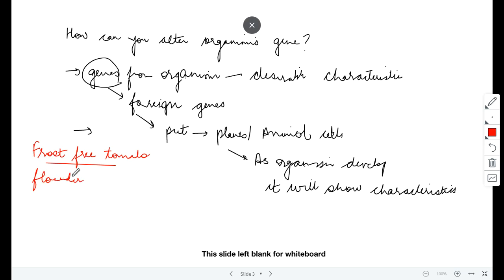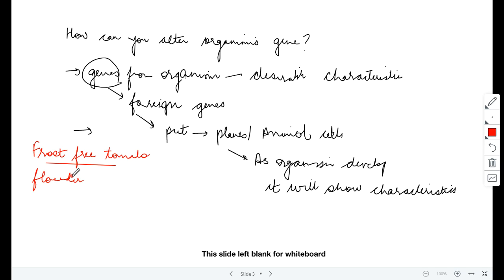Now flounder is a kind of fish which stays in very cold water. That means it has got a gene which prevents it from freezing. The organisms which stay at a particular temperature acquire certain characteristics of that area.